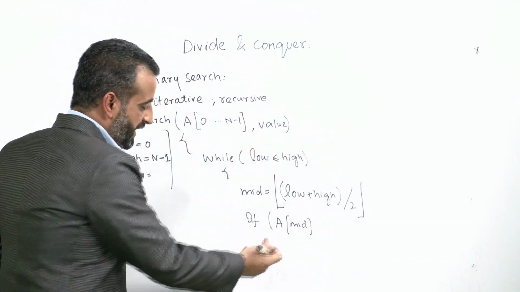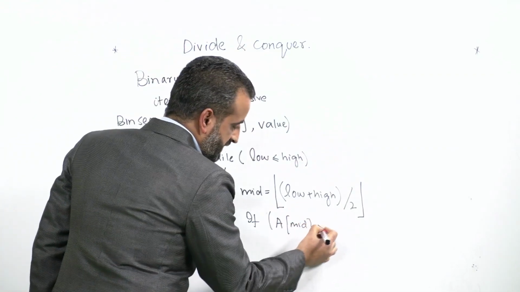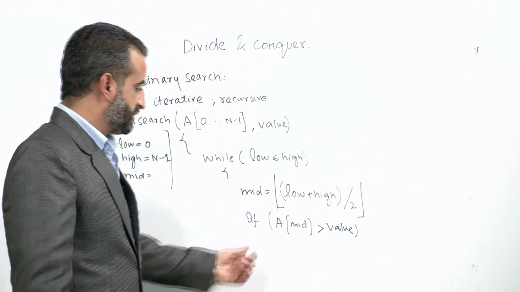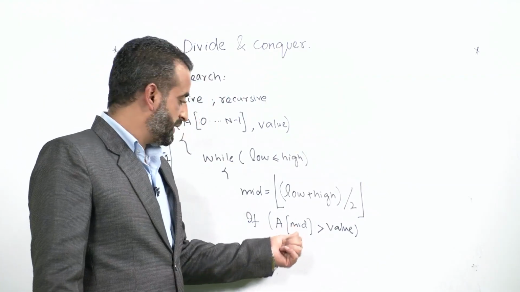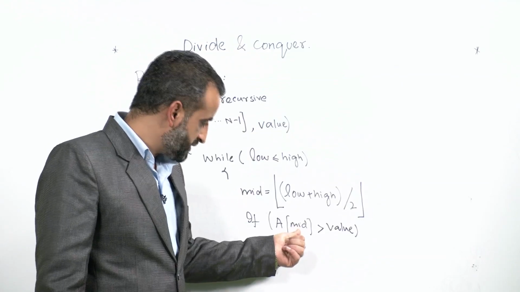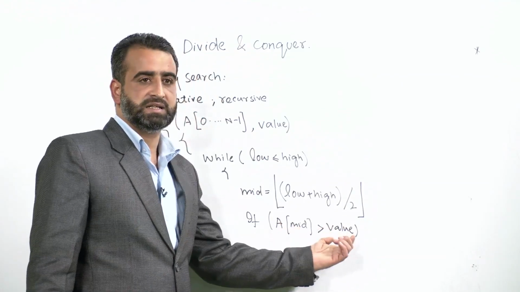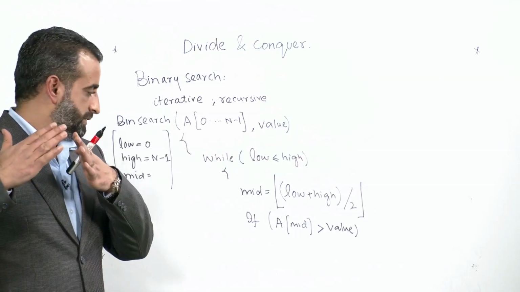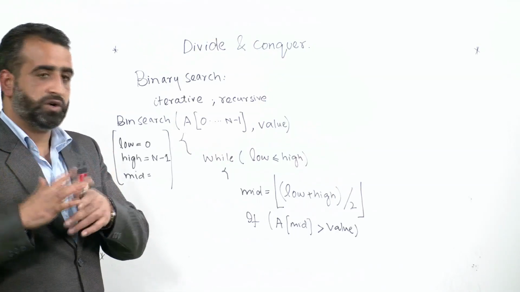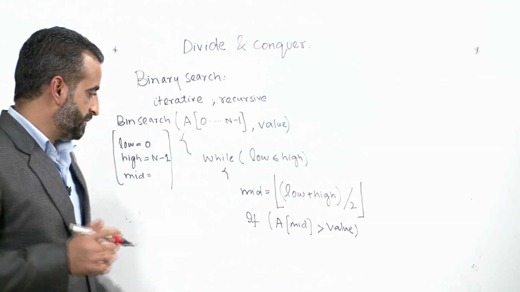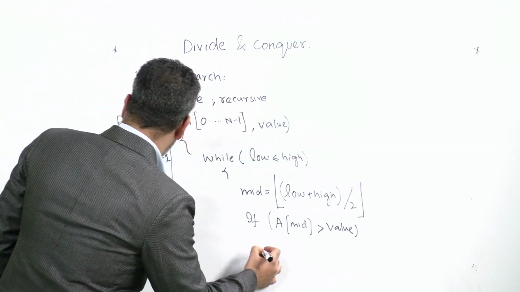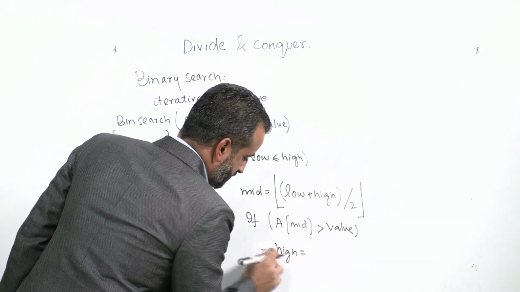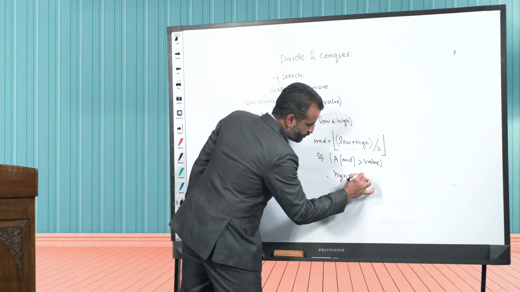If A of mid is greater than the value, if the value that's pointed to by the mid index is greater than this value, then I need to understand that the element that I'm trying to look for is in the left half of this. Because of that, I'll reset my high to mid minus 1.